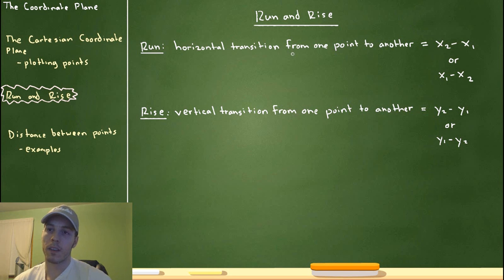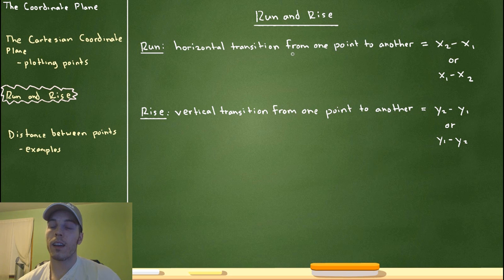A lot of people have heard of slope before they get to this point even. However, run and rise have very specific meanings without the slope being involved. Okay, so run and rise have their own separate meanings, and I have their definitions right here.